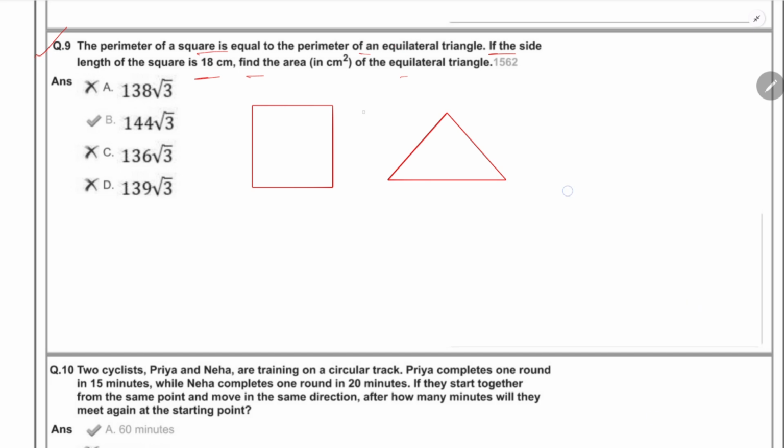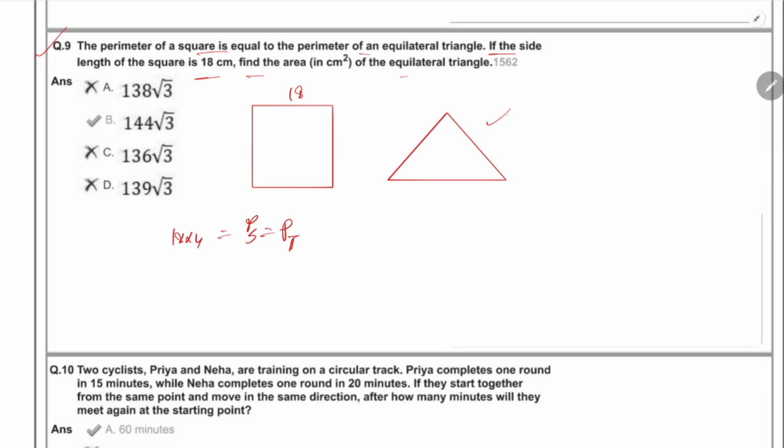The perimeter of the square is equal to the perimeter of the triangle. If the side length of the square is 18, then the perimeter of the square is 18 into 4.